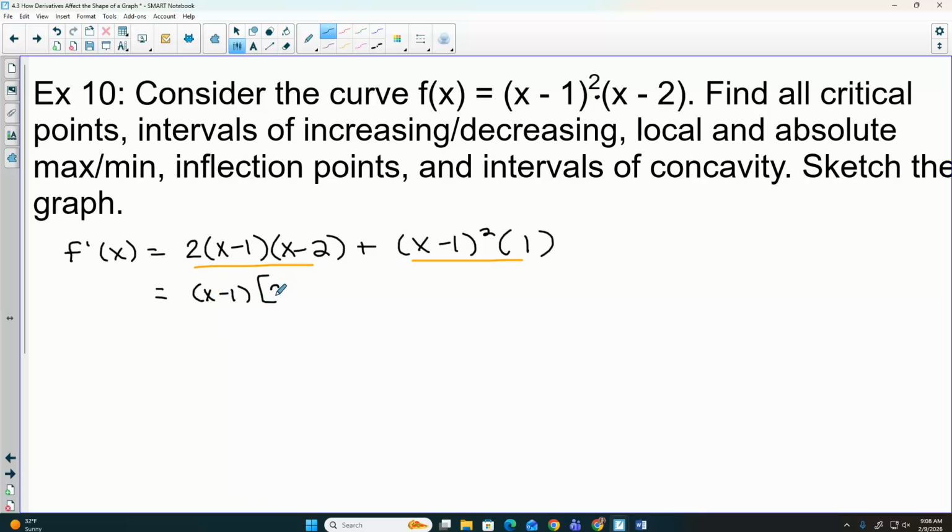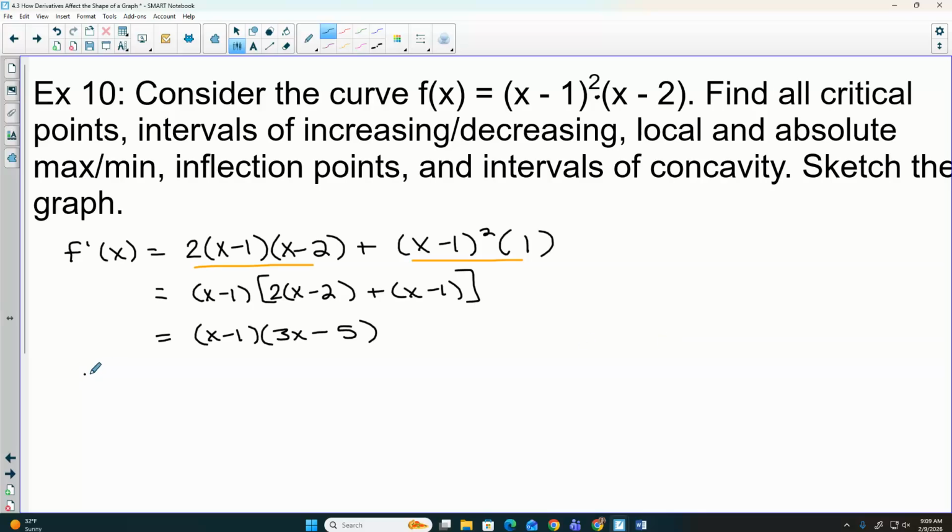If I do that, I'm left with 2 times x minus 2 plus an x minus 1. Okay, you distribute and combine like terms, 2x plus x is 3x, minus 4 minus 1 is minus 5. So there's my first derivative.